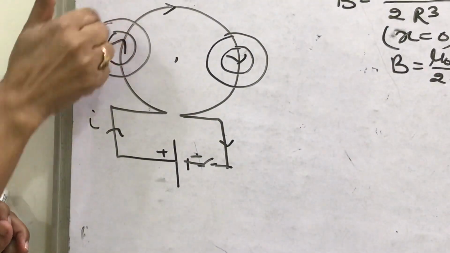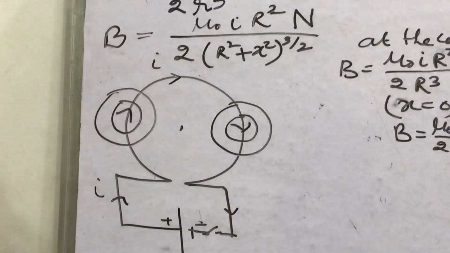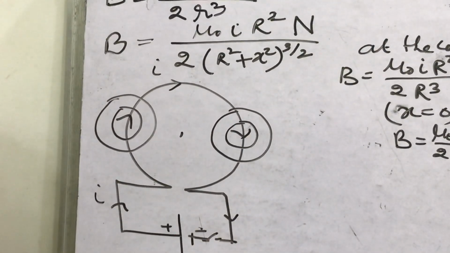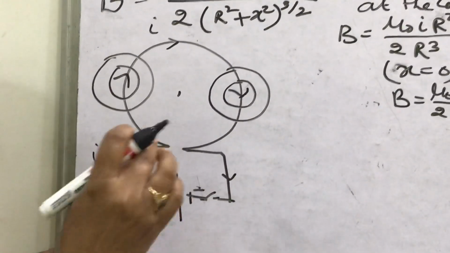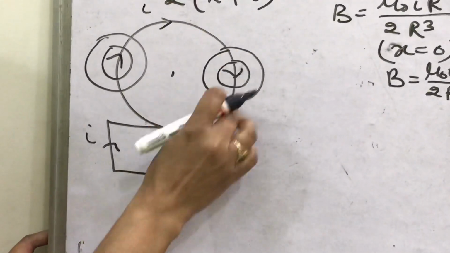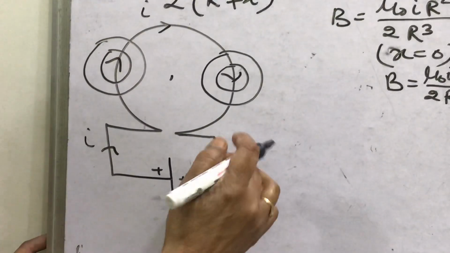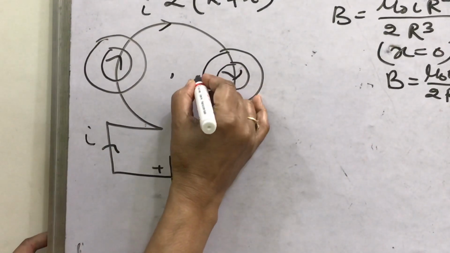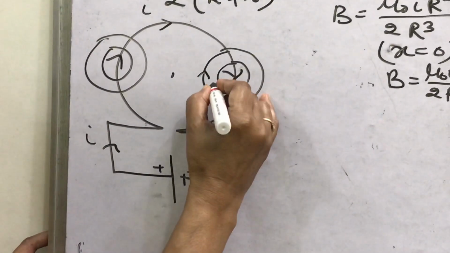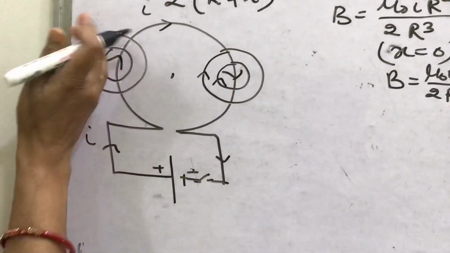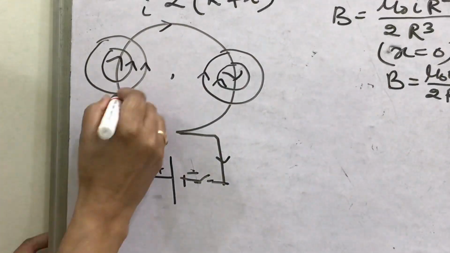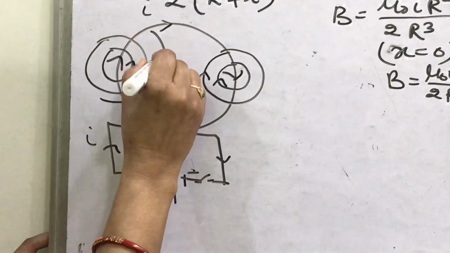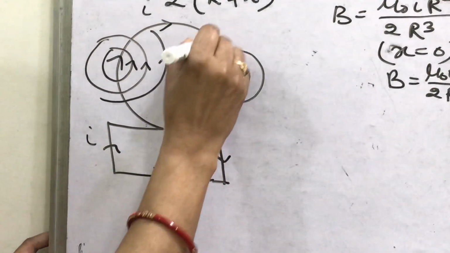Then you will draw the magnetic field lines like this, here like this, and here you will also draw like this. In this way, for other ones you will draw like this.